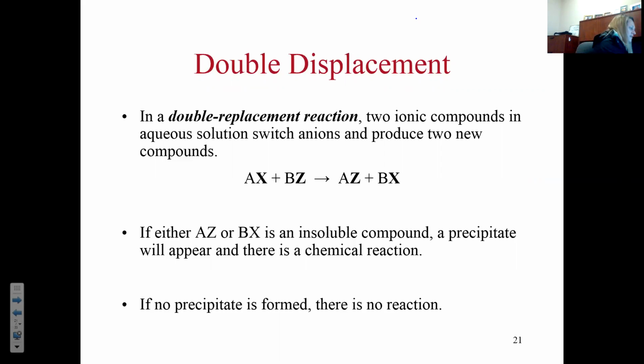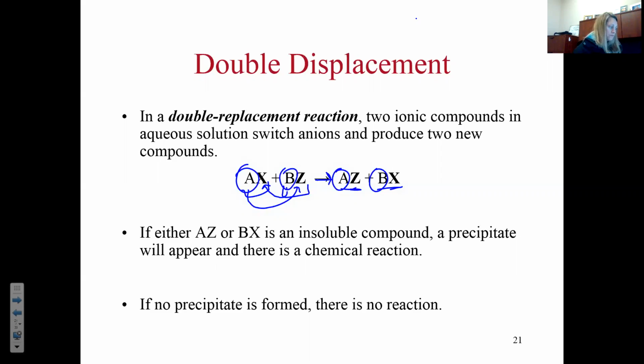This is designed a little different than what I've been doing, but here you see, again, A is with X, B is with Z. Double displacement would mean A would end up with Z, and it does, and B ends up with X, and it does. Okay. You can always see that the one that we're replacing is always the one in the front. So the ones in the back really aren't moving, just the ones in the front that are moving.